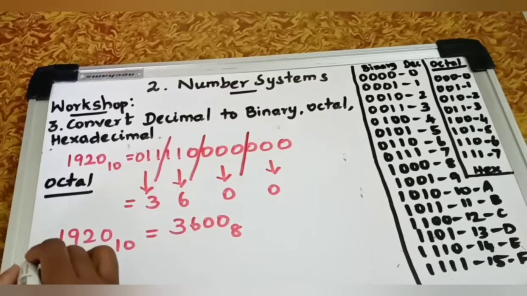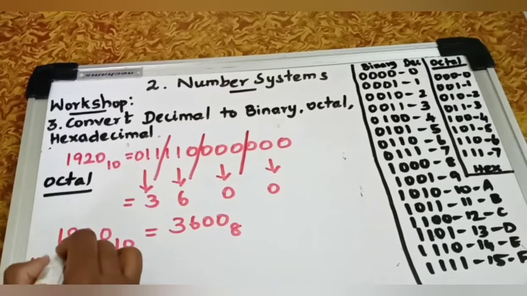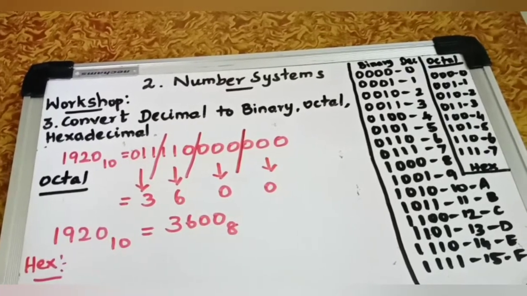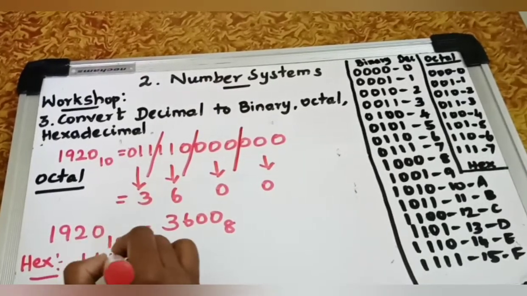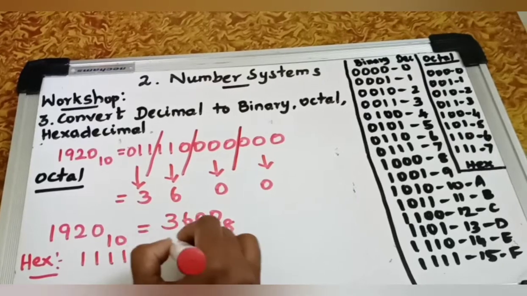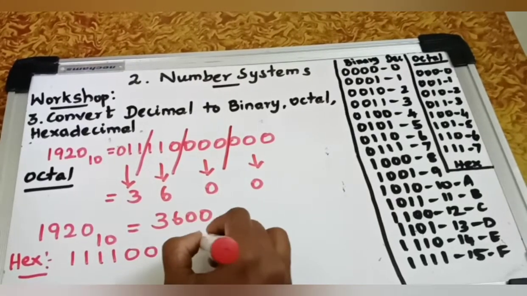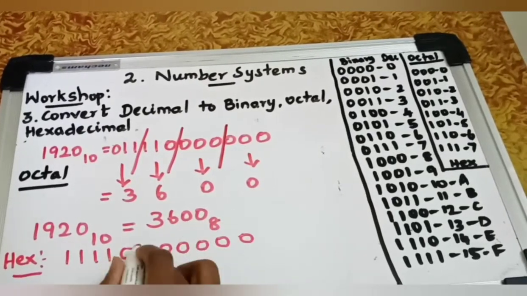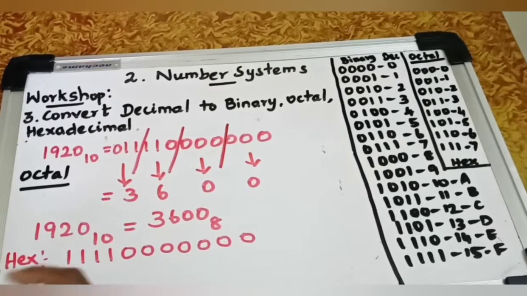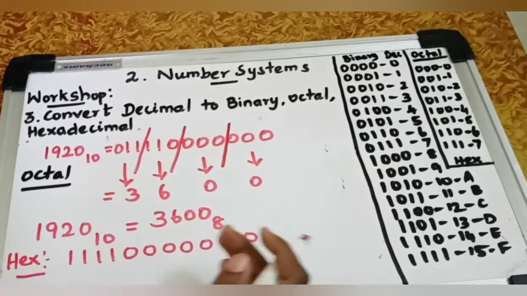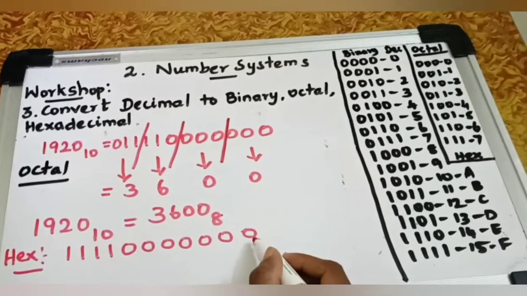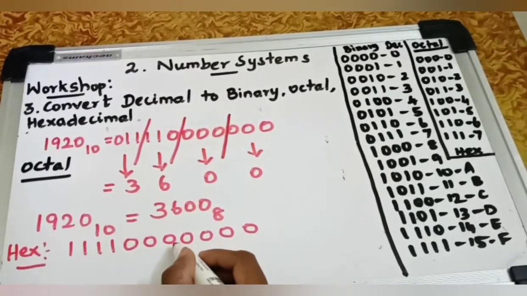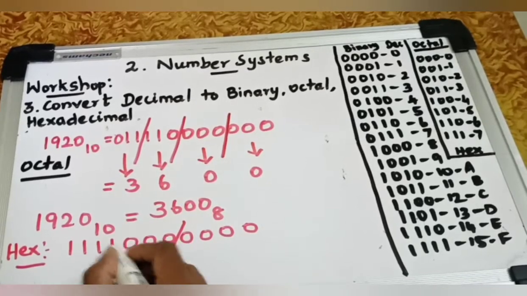Next, to convert to hexadecimal. How do we convert to hexadecimal using this binary value? The binary value is 4 ones and 7 zeros. In hexadecimal, we divide into groups of 4 digits from right to left: 1 2 3 4 and 1 2 3 4.